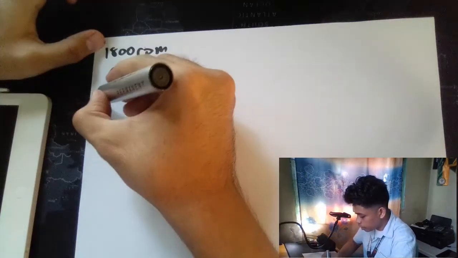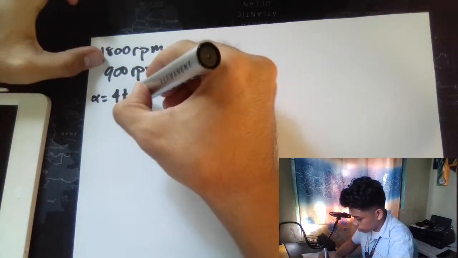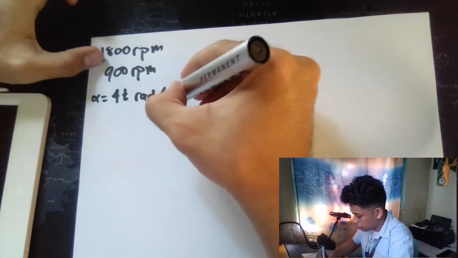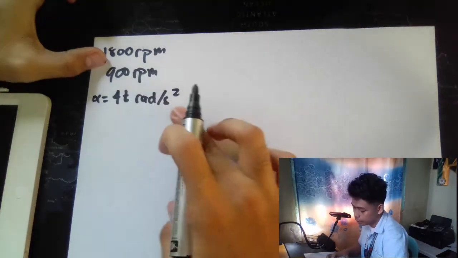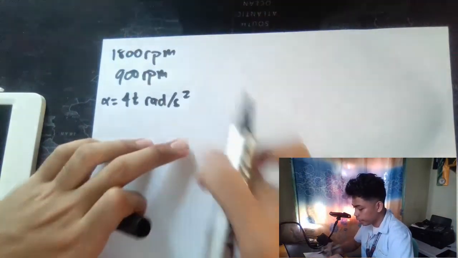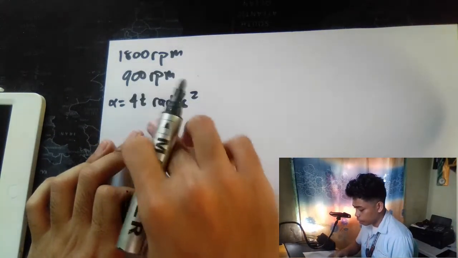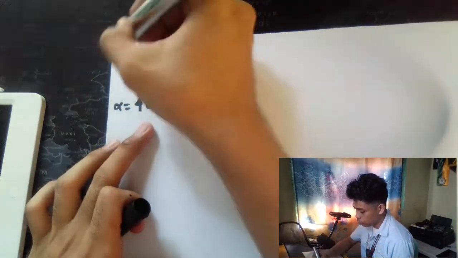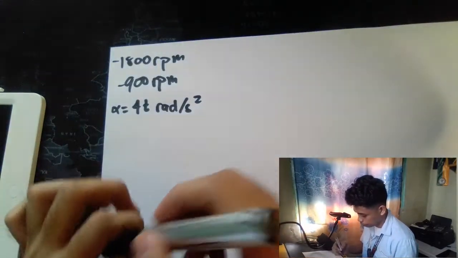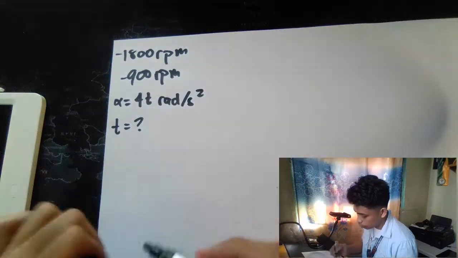The problem states that the acceleration is equal to 4t rad per second squared, and it is counterclockwise. Meaning, the clockwise quantities will be negative, because we are taking counterclockwise rotation as positive. We are asked to find the time t.